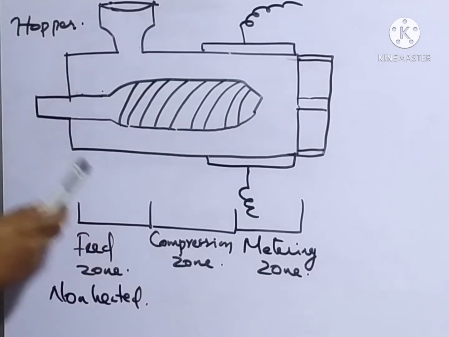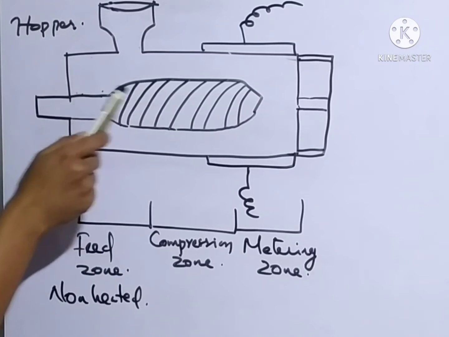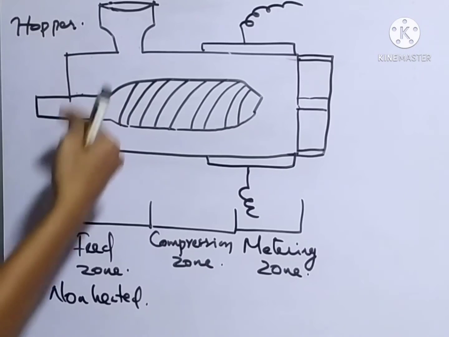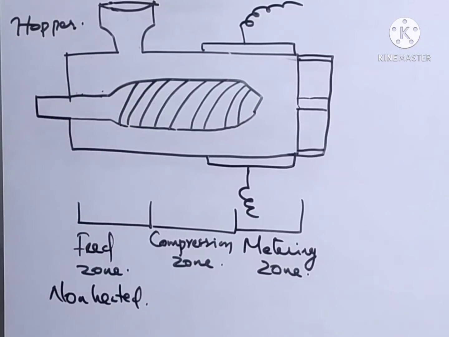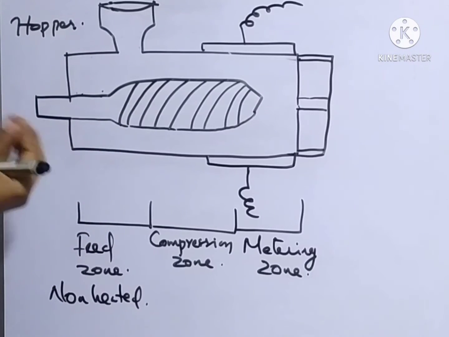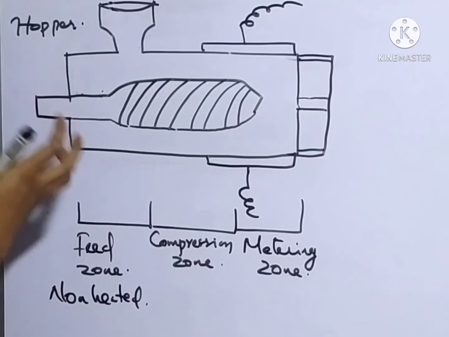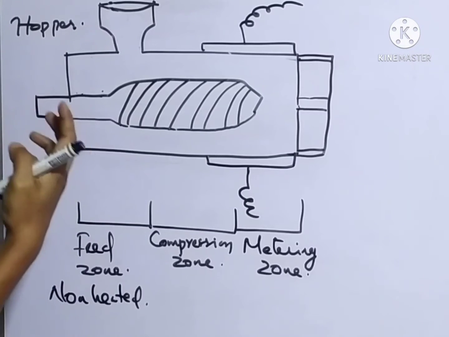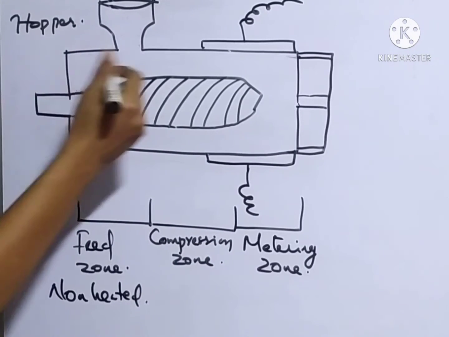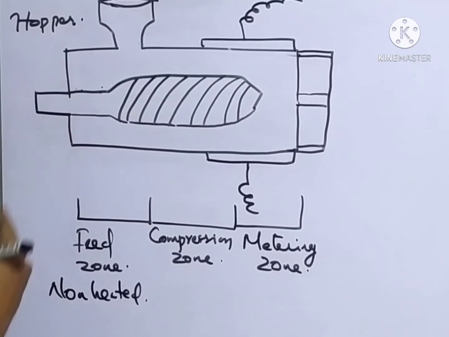So if you talk about the purpose of the screw used in this technique, the screw is constantly rotating within the cylinder. The constant rotation produces a frictional effect, and the frictional effect causes frictional heating. And that is the second type of heat energy produced in the cylinder.